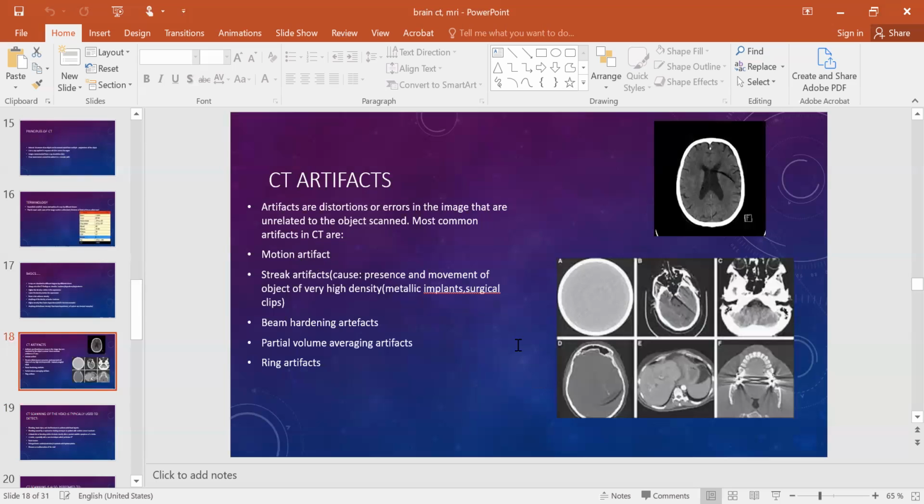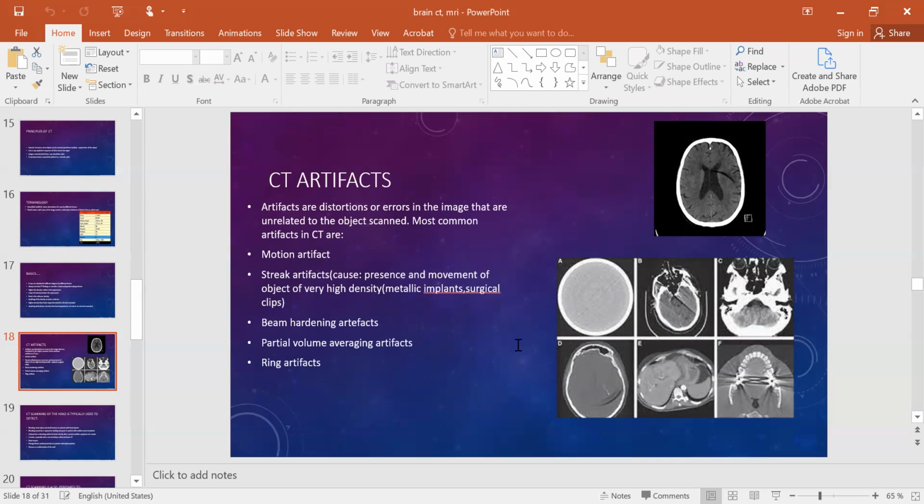CT artifacts. What are CT artifacts? Artifacts are distortions or errors in the image that are unrelated to the object scanned. The most common artifacts in CT are motion artifact, slit artifact, beam hardening artifact, partial volume averaging artifact, and ring artifact.